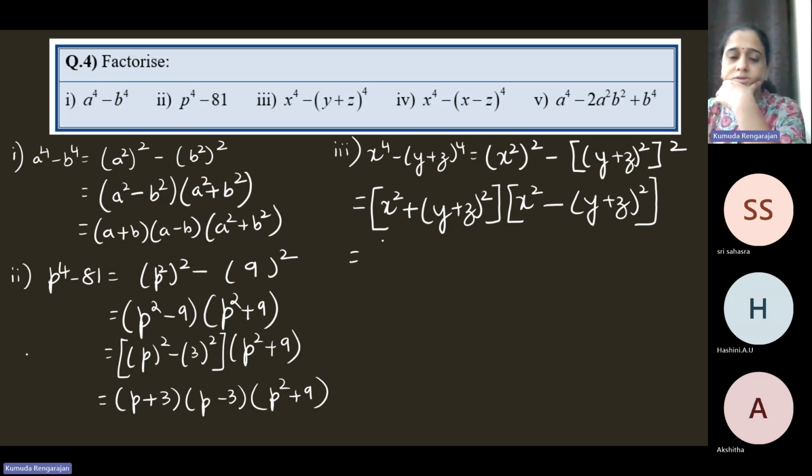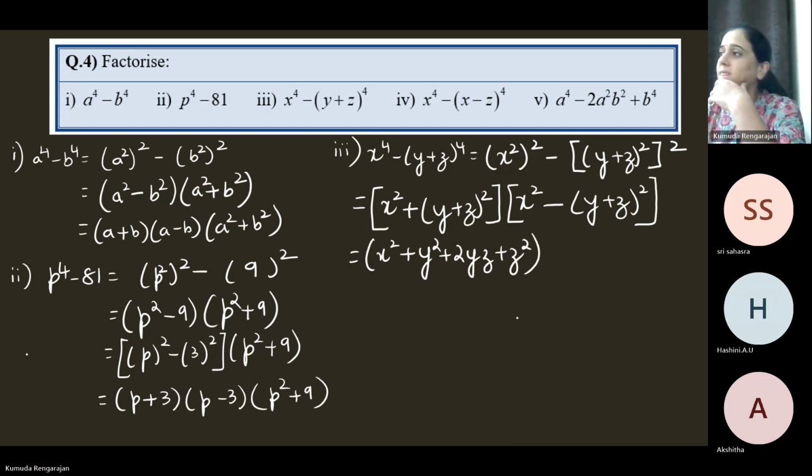Now here, x squared plus, expand this. What is y plus z the whole squared? y squared plus 2yz plus z squared. a plus b the whole squared is a squared plus 2ab plus b squared, so y plus z the whole squared is y squared plus 2yz plus z squared.